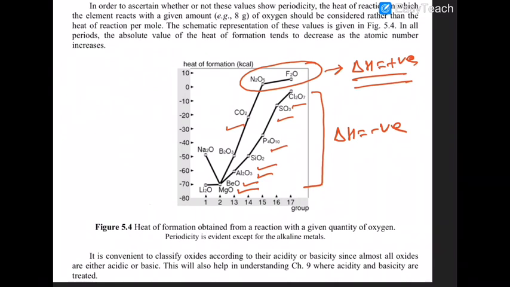So I am repeating once more. Look at these negative values. Huge negative values are there. So with most of the metals and non-metals, it forms an oxide in which a tremendous amount of heat is being released. Are you sure about that? Sure.